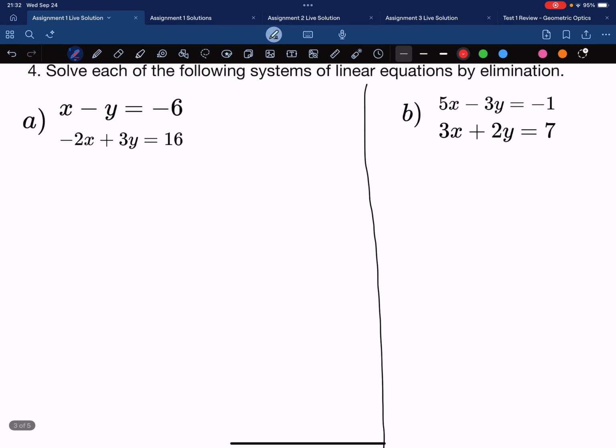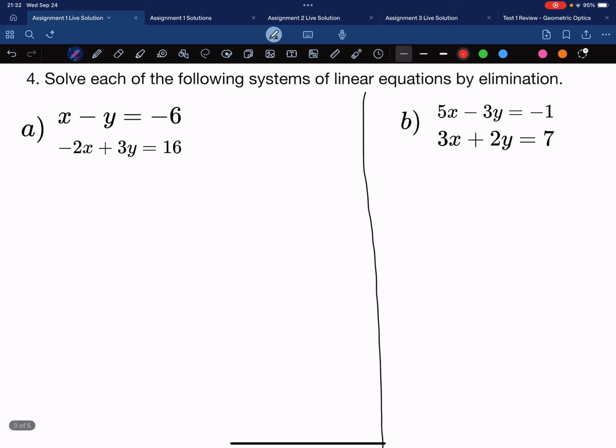So this time we are not reorganizing our equations to solve for specific variables. This time we're going to do something different. So I want at least one of my variables to have the same coefficient, so that when I add the two linear equations together, they cancel out.